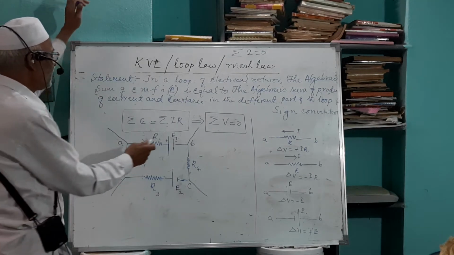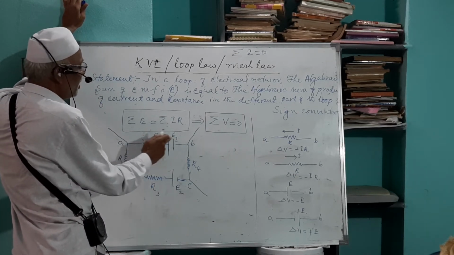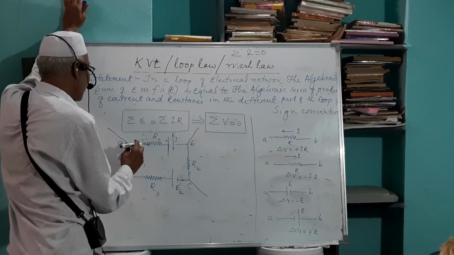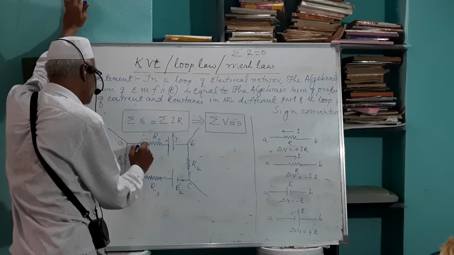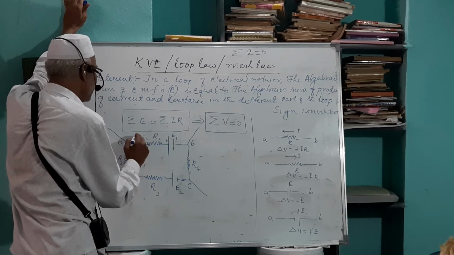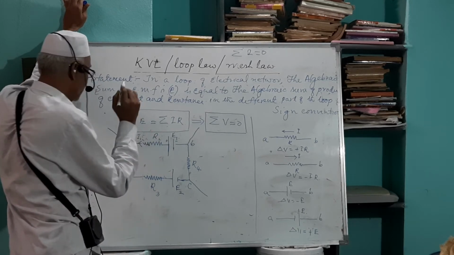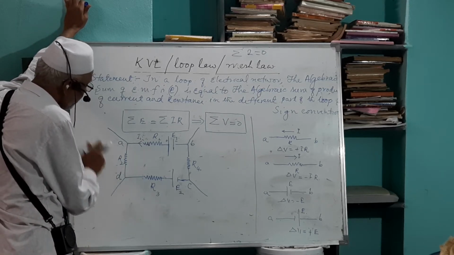Consider the AB branch. In this branch the resistance is R1 and the EMF of the cell is E1. This cell sends the current in this direction towards the junction A. So the first cell sends the current I1. Now you come to the AD branch.